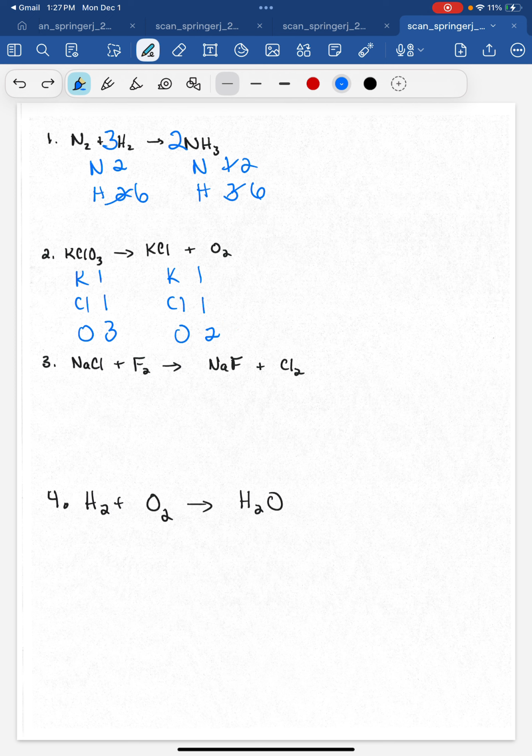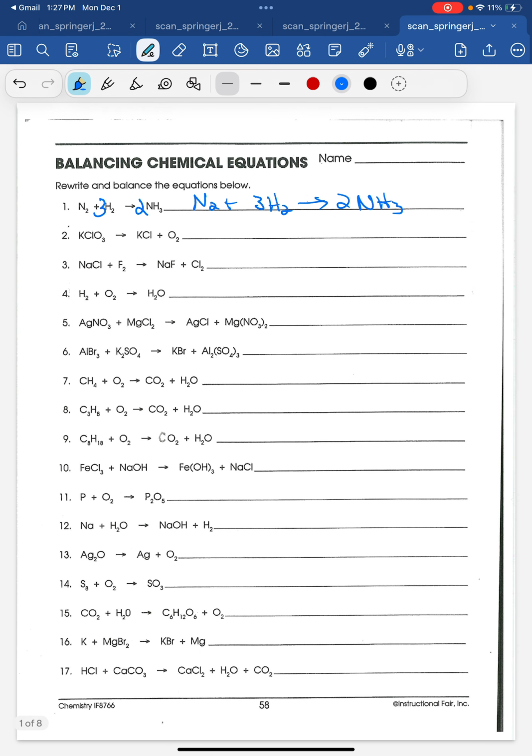So what we'll do instead is we'll probably put a 2 here to get that O to be an even number. Then we'll need a 2 in front of the KCl. And then that means we need a 3. Oops, that makes that a 6. So 2, 2, 3.